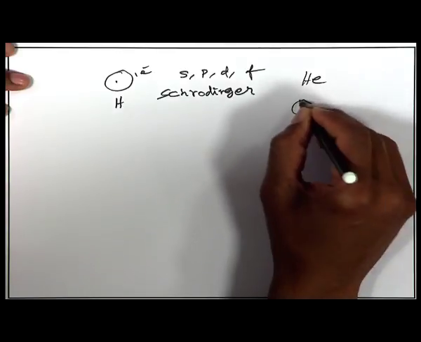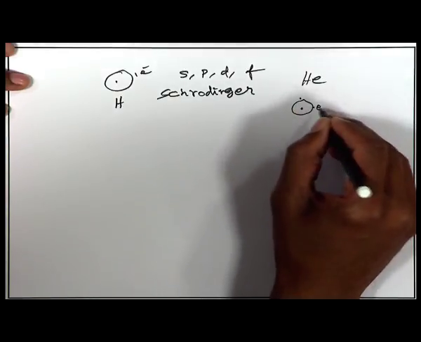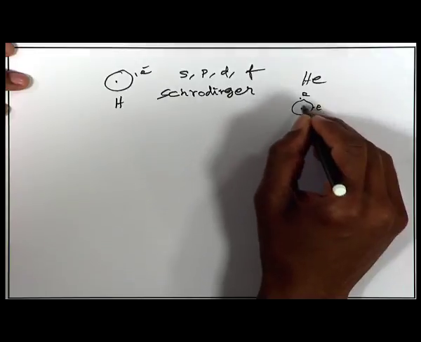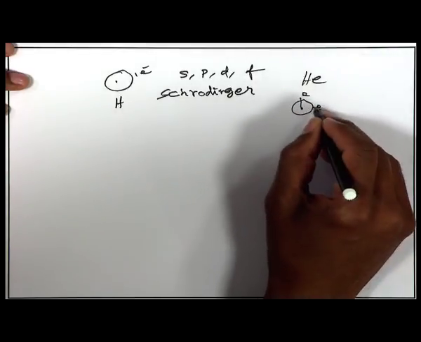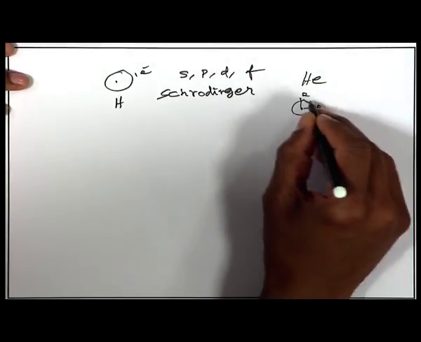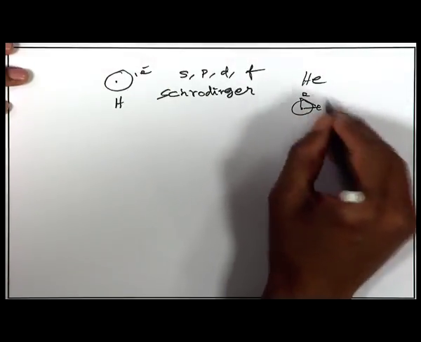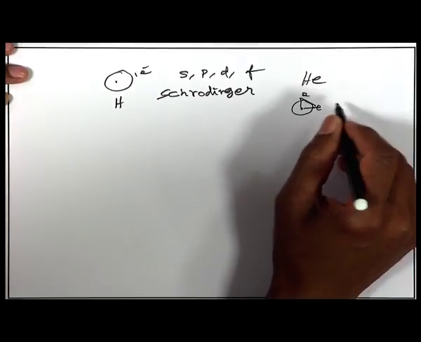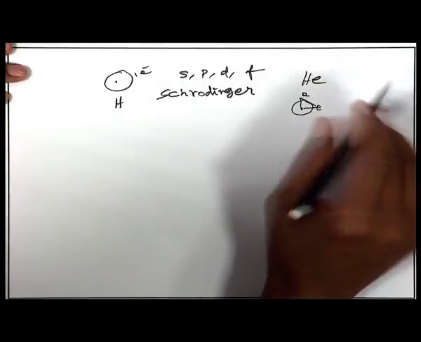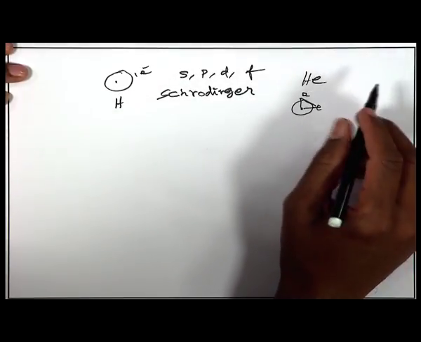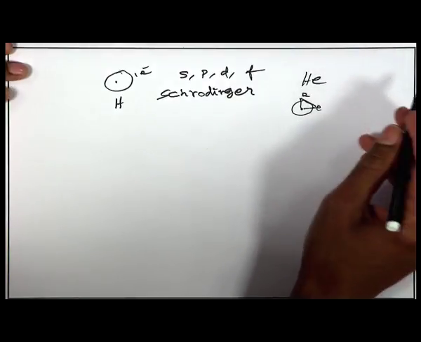This electron is attracted by the nucleus, that electron is attracted by the nucleus, and there is also a repulsion between the two electrons. So, it is a three body problem which cannot be solved exactly. That is why we went for an approximate method.